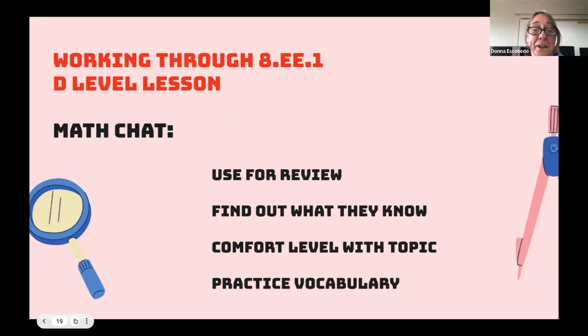That was my class yesterday. So looking at things that everybody can start to talk about, even if it's not all at the same level, brings the class together, but it also tells me a lot about where they're at. And then it also gives great opportunity to practice our math vocabulary.